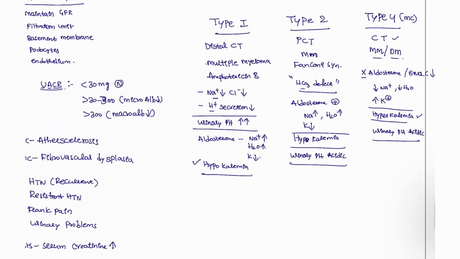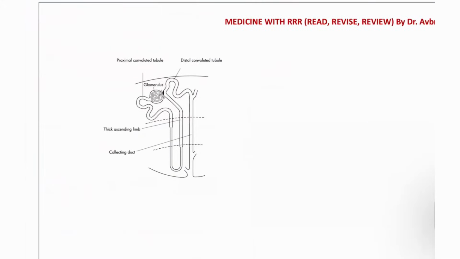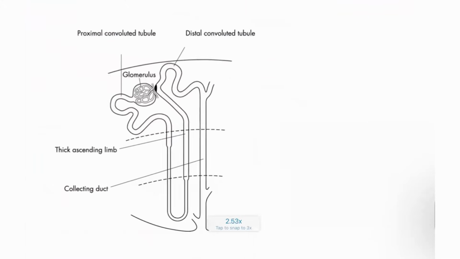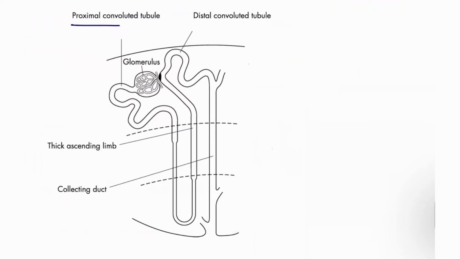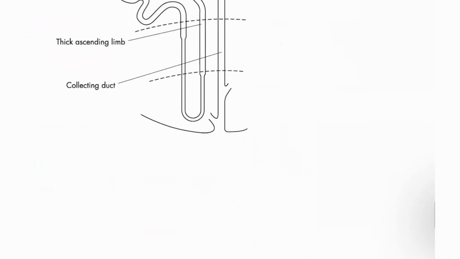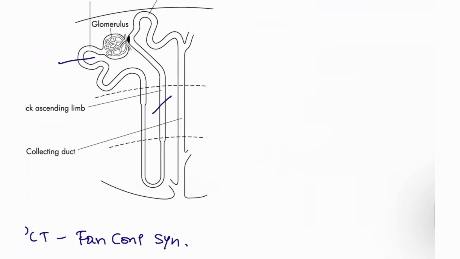All right, next, moving on to some of the syndromes that you have to remember. Here it is the proximal convoluted tubule. If it is genetically associated, the proximal convoluted tubule will have Fanconi syndrome. Next, here it is the thick ascending loop.